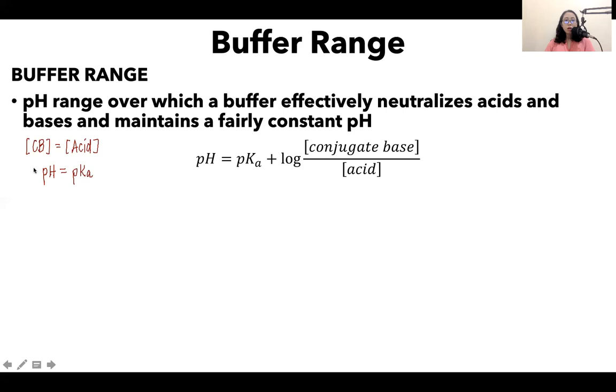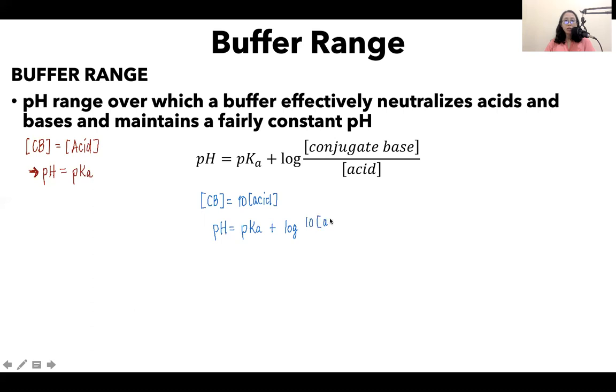Now, what if the amount of conjugate base is 10 times that of the acid? So the concentration of the conjugate base is 10 times the concentration of the weak acid component. What happens now is that we have a ratio that is equal to 10.